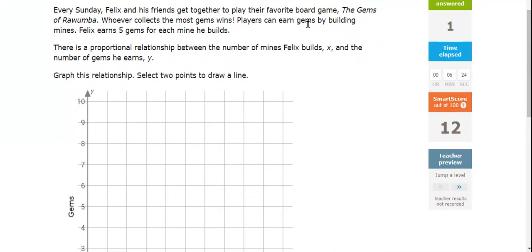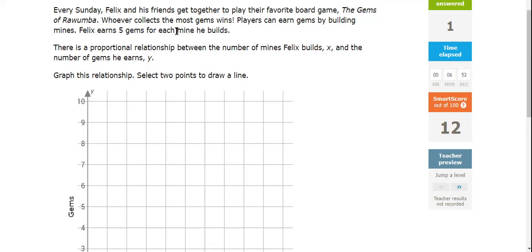So let's try to find the number of mines. For each mine he builds, it's in this sentence, as you can see. So whenever you see a word like every, each, whatever, you're going to say that x is equal to 1. Felix earns 5 gems for each mine he builds.